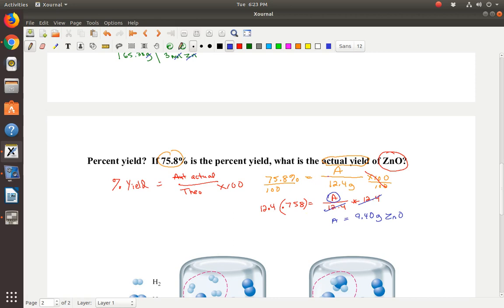If I don't give you the percentage, if you may be calculating percentage, you might know the actual amount from the problem, and you calculate the theoretical. Remember that the calculated value is your theoretical amount. Okay? I hope that helps you with that.